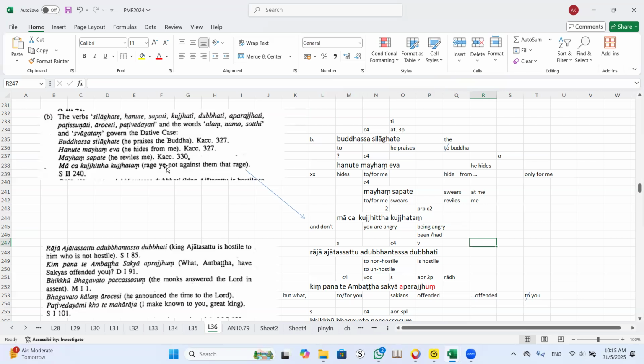Here, this is a very typical English translation: "Be not angry at them," where ye is old English for you. If you look at the breakdown, it's not exact. What you do is you say don't, and you don't have to mention you.